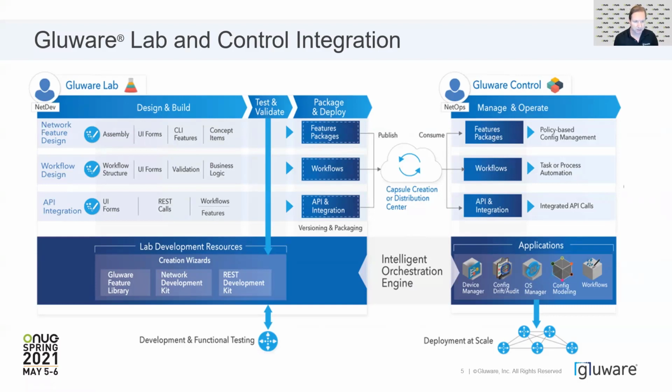It's built on the Eclipse framework, which a lot of developers would know. Built on that Eclipse framework is Gluware Lab, customized for Gluware. You have Gluware plugins, open source plugins, and the native Eclipse plugins. And you essentially have an all-in-one environment to build and develop network features and data models.